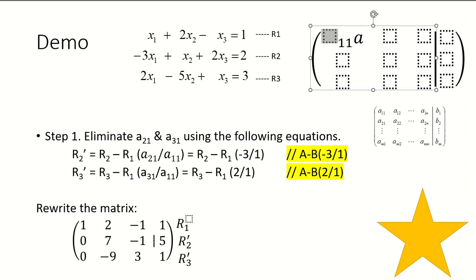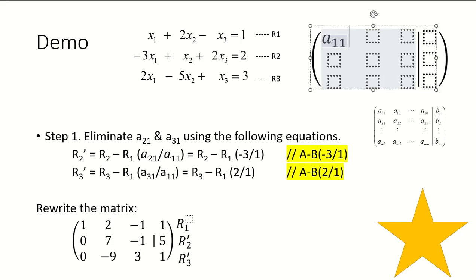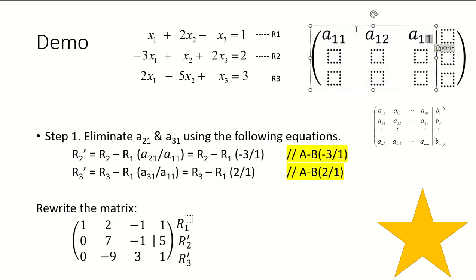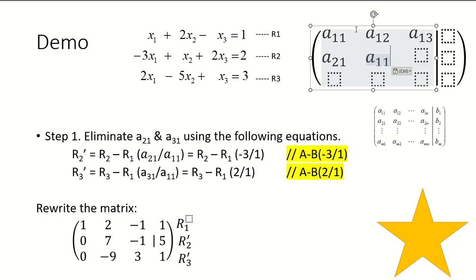Next is the A12. This one will be A13. And then this one is the second row, so it will be A21, and then this one A22, and what's this?